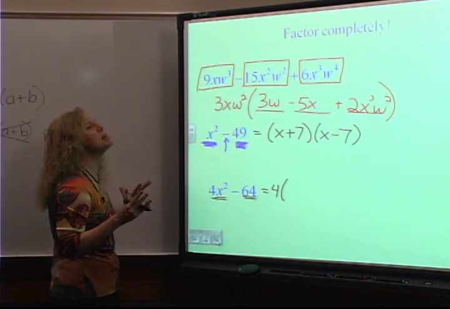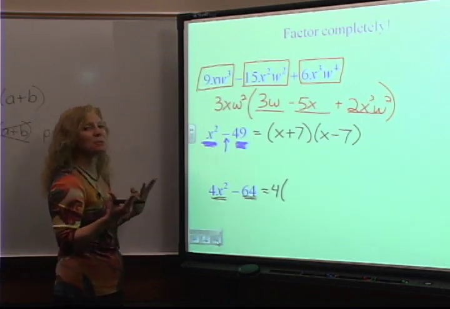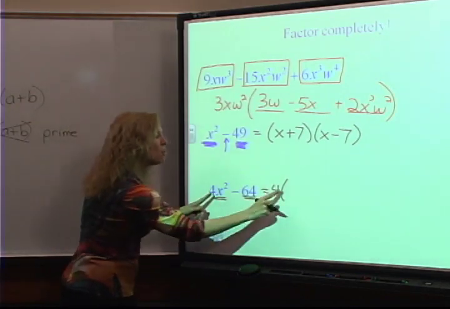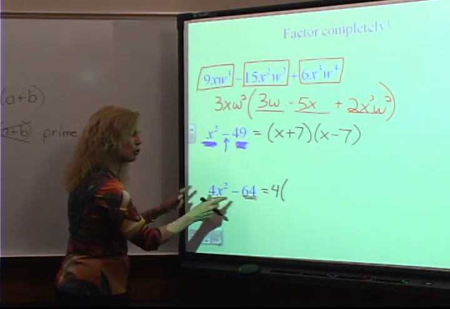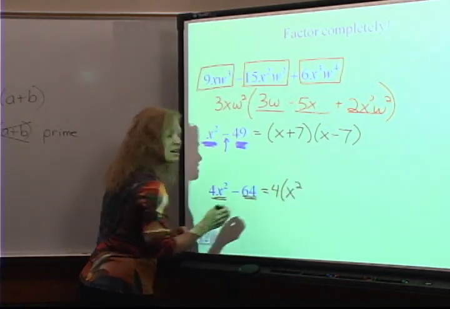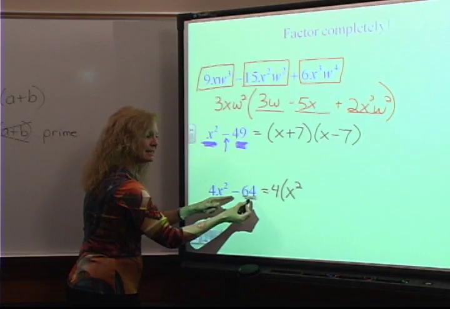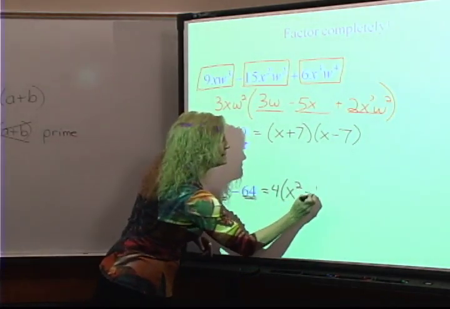Now I know you say, oh, but you're going to screw up that difference of squares. No, I'm not. It'll hold for us. 4 times what will give me this first term? X squared. 4 times what will give me minus 64? Minus 16.